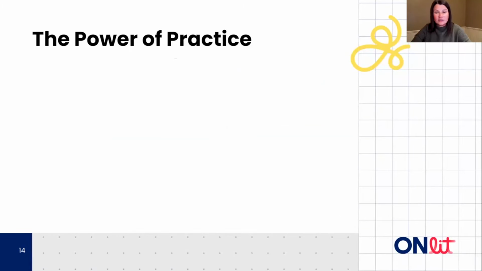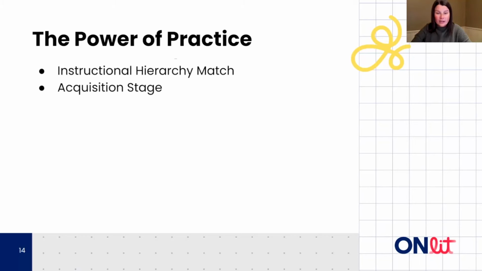Finally, let's discuss deliberate practice. Practice serves to promote chunking, a cognitive process by which familiar parts are put together in efficient and more easily remembered ways. When we create practice opportunities for our students, knowledge can be chunked together in working memory, limiting the probability of cognitive overload. The type of practice needs to match the student's skill development in the instructional hierarchy.